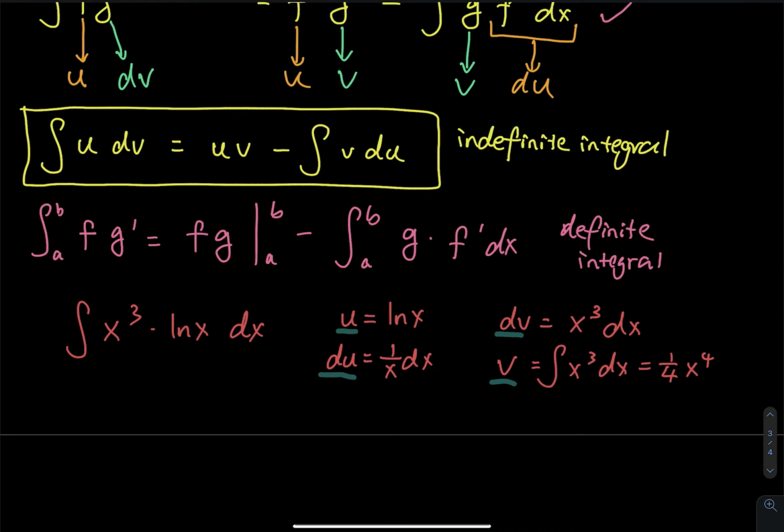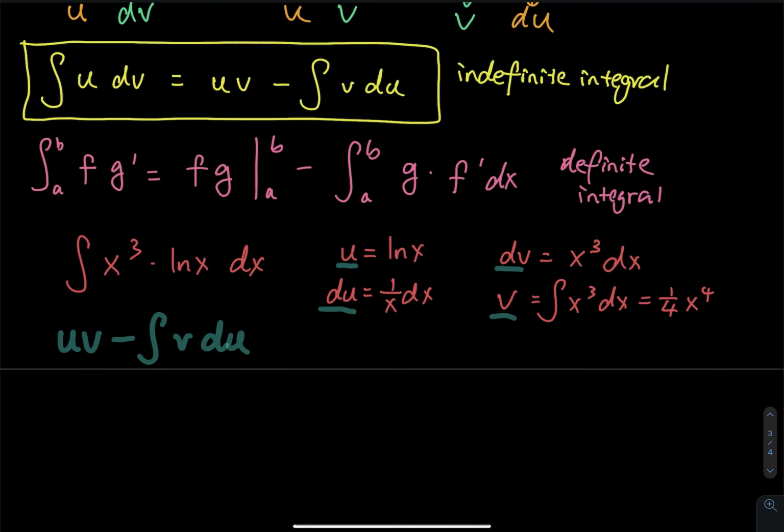We have to recall the formula. Integration by parts is uv minus the integral of v du. We pick up these four pieces and put them together. So uv, what is uv? uv is right here.